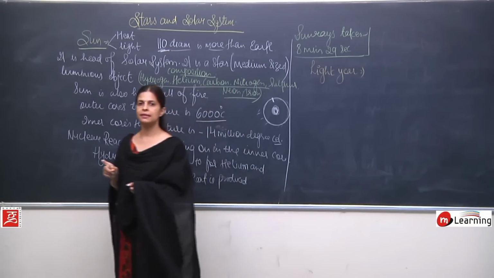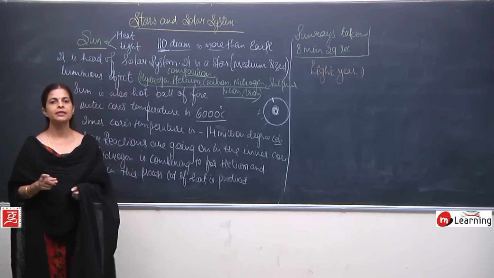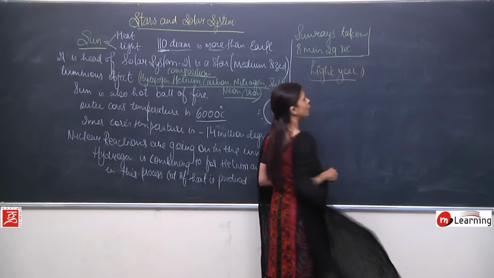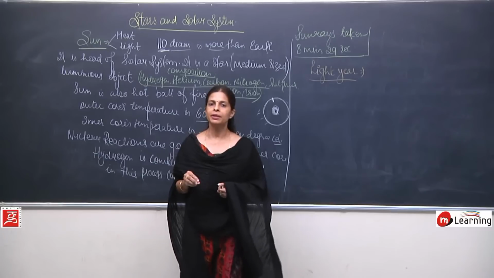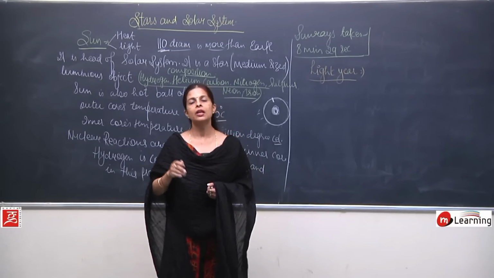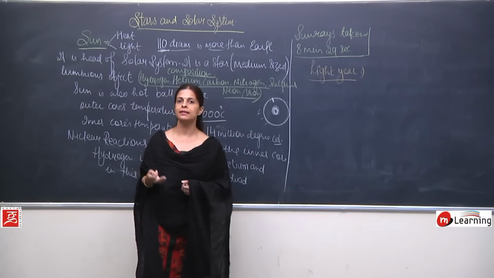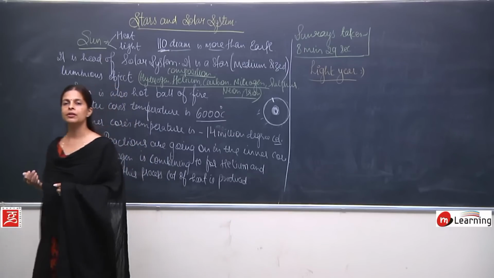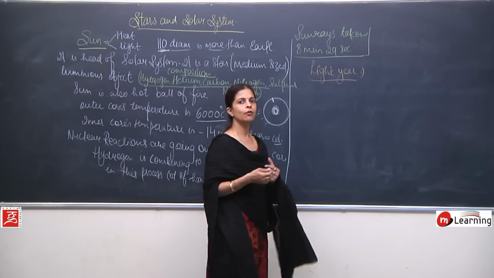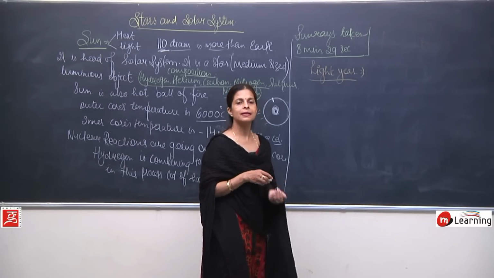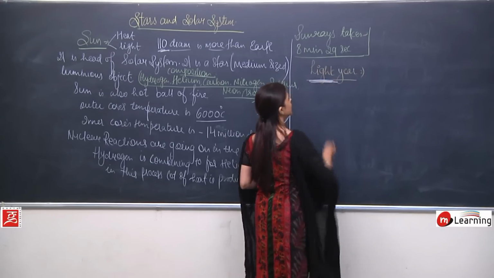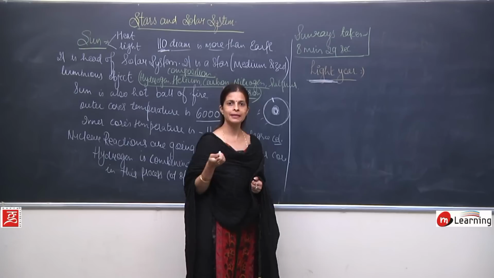Astronomical distances are always calculated in light years because the distance is very high, and it's not feasible to take these distances in kilometers or meters. The distance travelled by light in 1 year is a light year.